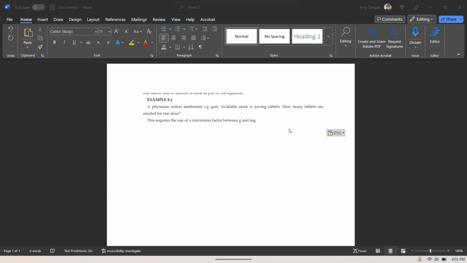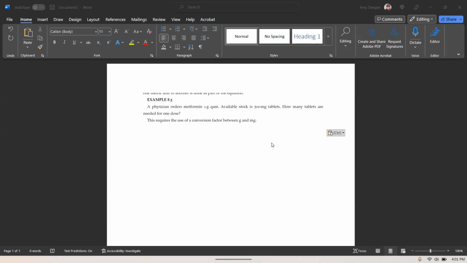For example 8.5, a physician orders metformin 1 gram, QAM, which we should know by now means every morning. Available stock is 500 milligrams. How many tablets are needed for 1 dose? This requires the use of a conversion factor between grams and milligrams.